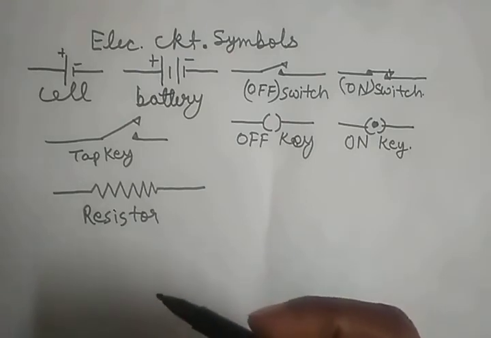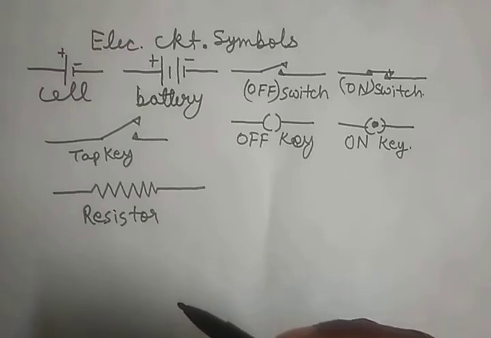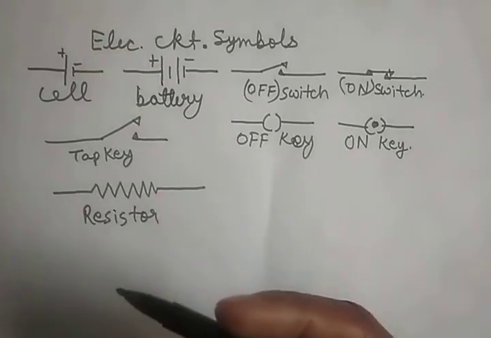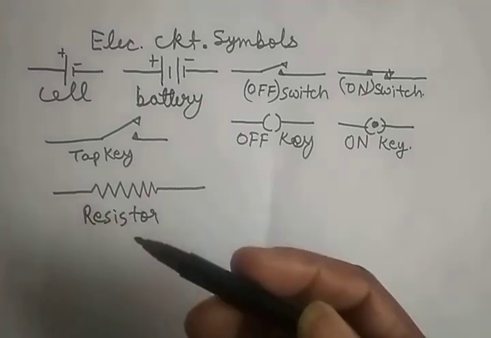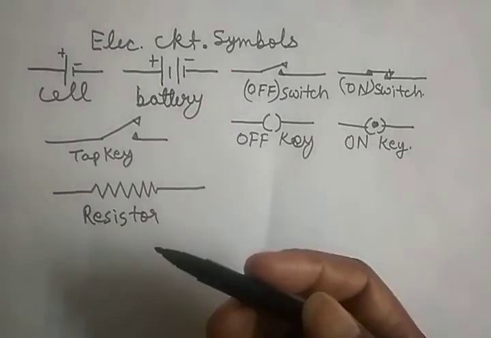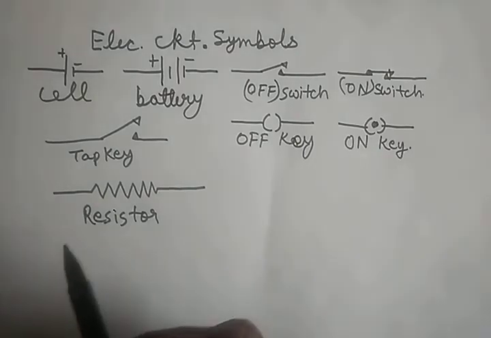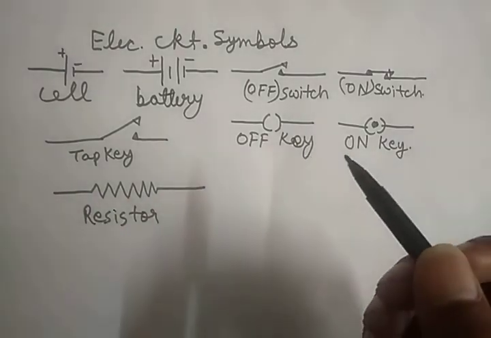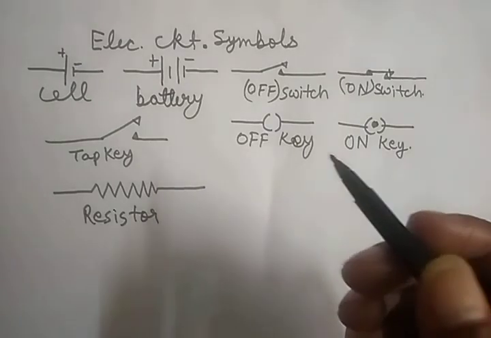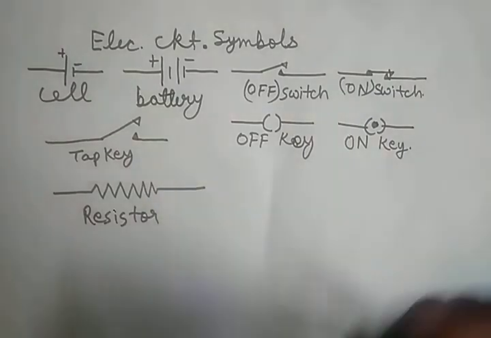Resistor doesn't mean an insulator. Resistor means a conductor which is offering some resistance, some opposition. That is why we call it resistor. So a common conducting wire is not a resistor.